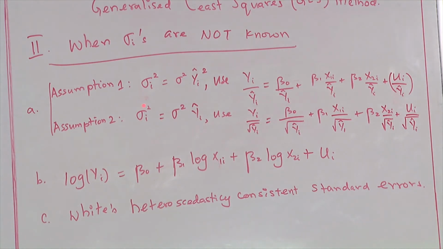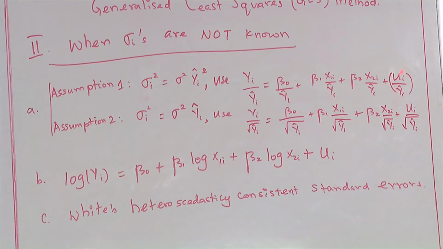First, assume the variance is in proportion to the square of the estimated y_i. In such case, if you divide the entire equation by y_i hat, after this division we can run the ordinary least squares.